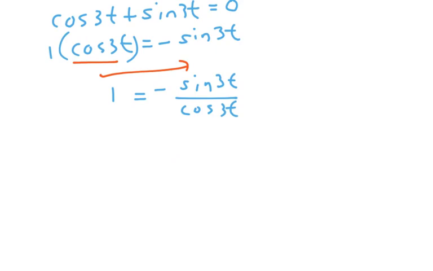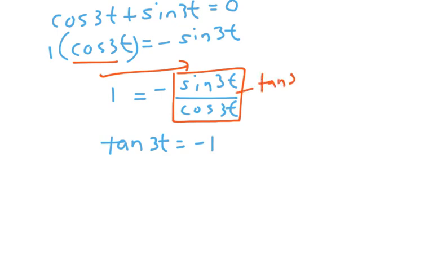Or you can even write this as tangent of 3t equivalent to negative 1, because this particular term is giving you tangent 3t, because the angle is also the same. Move the negative to the other side, it becomes negative 1.